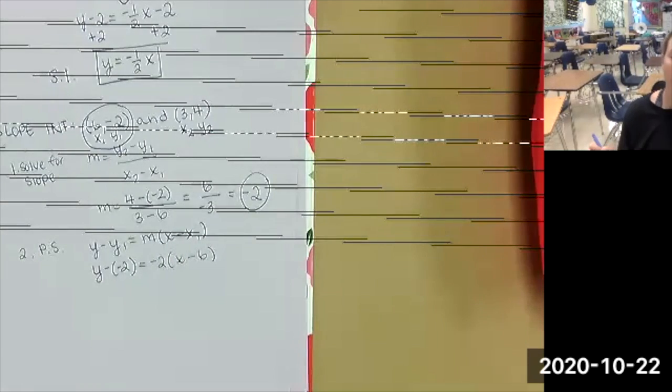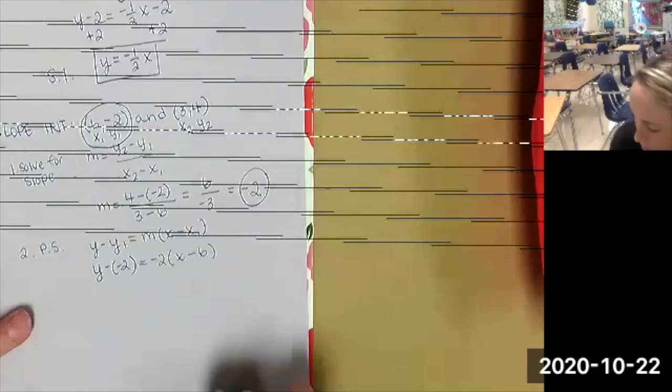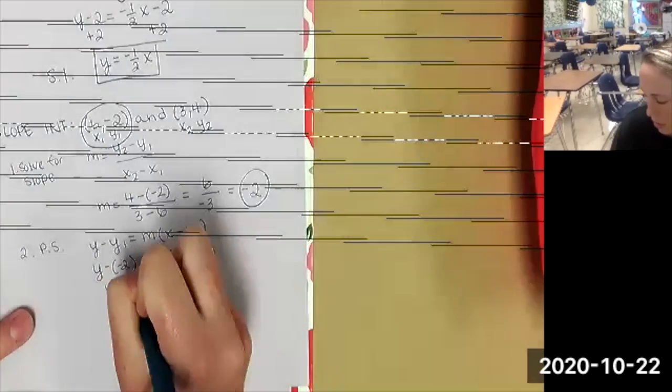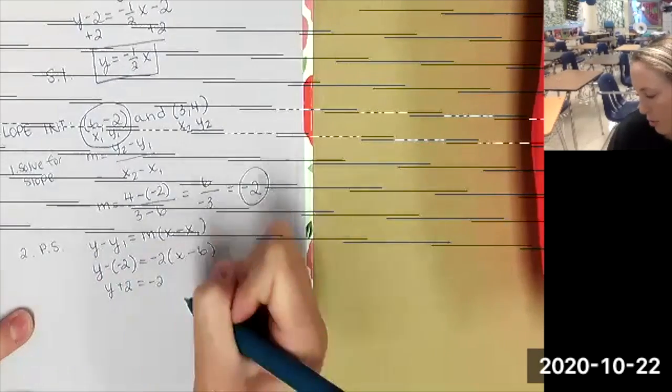By the way, I could have used either point and I should still get the same answer. I'm going to change the minus and negative into a plus. So that gives me y plus 2 is -2 times x minus 6. Then I'm going to distribute my -2.